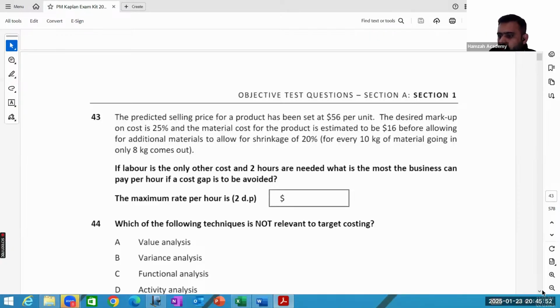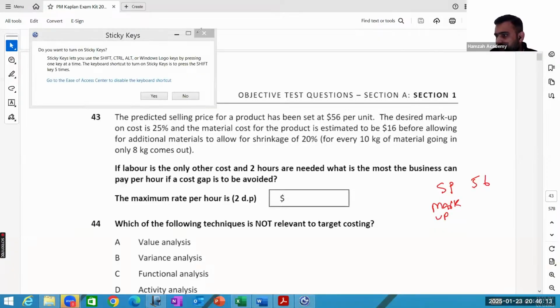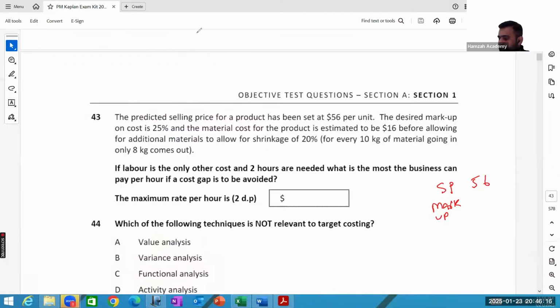So the sale price is 56, and the desired markup is 25%. Markup means 56 divided by 125 into 25, and that would be 11.2. So your target cost, 56 minus 11.2, would be $44.8.